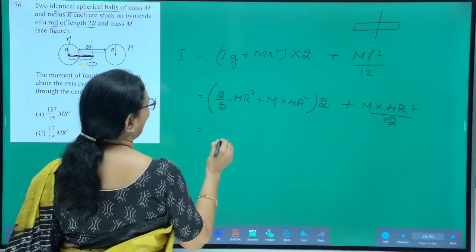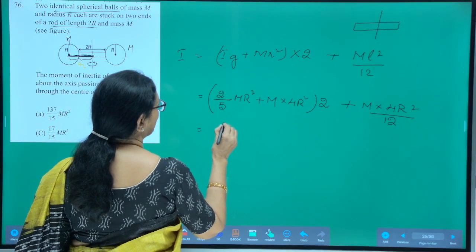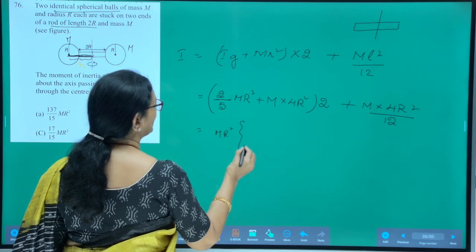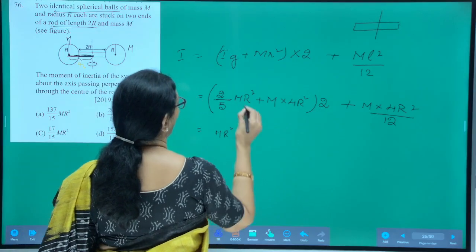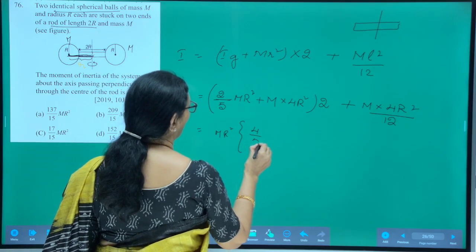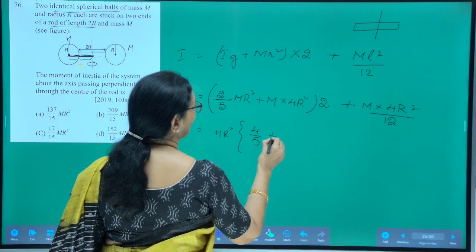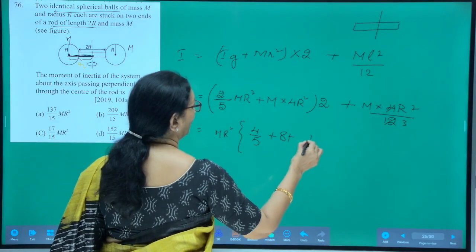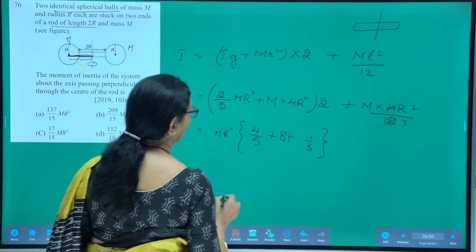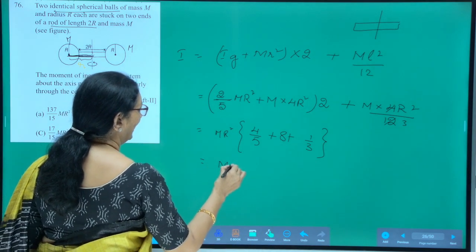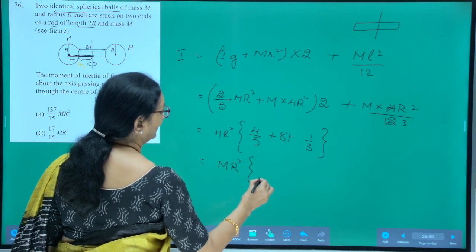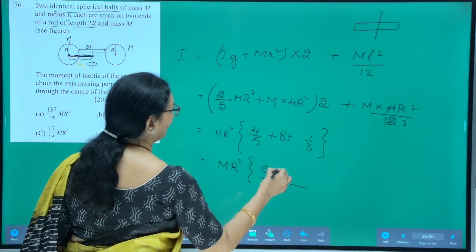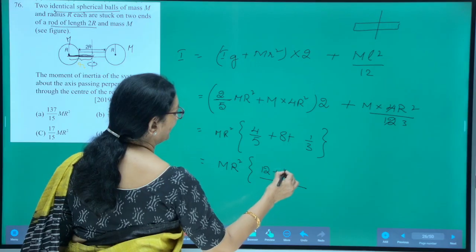So we can take mr square as a common factor outside. If you bring this 2 inside, this becomes 4 by 5. 2 4s are 8. This becomes 1 by 3. Let us take the LCM. So here mr square into 5 3s are 15, 3 4s are 12, 15 8s are 120.